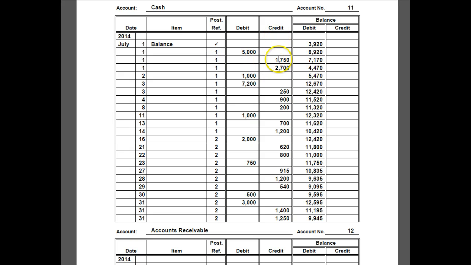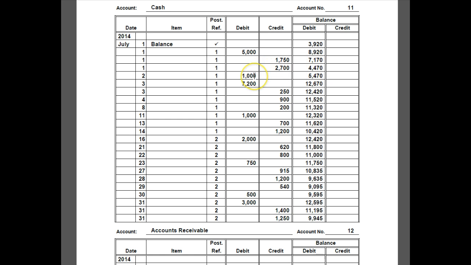Now here comes one where I've actually paid money out, and it's $1,750. So it's a credit. This is the debit balance. I'm going to subtract that from the debit balance and come up with $7,170. Another subtraction. I must have paid $2,700 for something, so that takes my account down even further.